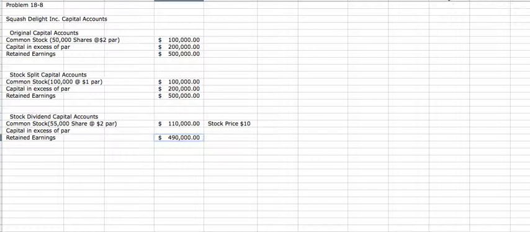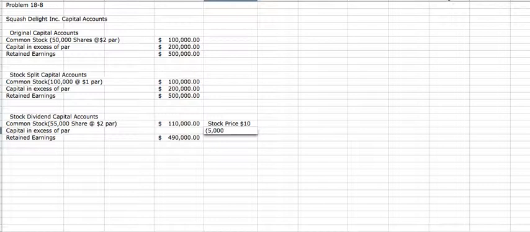Okay, so we just transferred 10,000, but there's another transfer that takes place too based on the stock price. Now you can see our common stock was at $2 par, so we transferred $2 of this stock price into our common stock. We have 5,000 new shares, and we've already transferred $2 of that value into our common stock account.